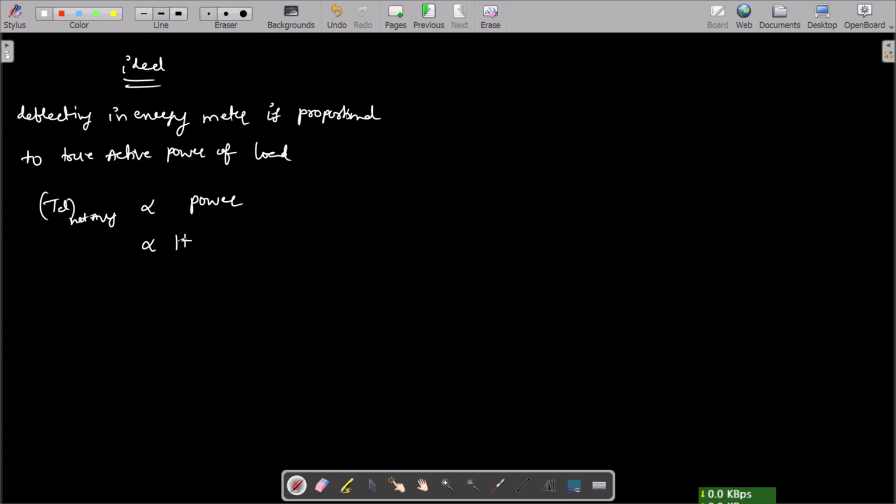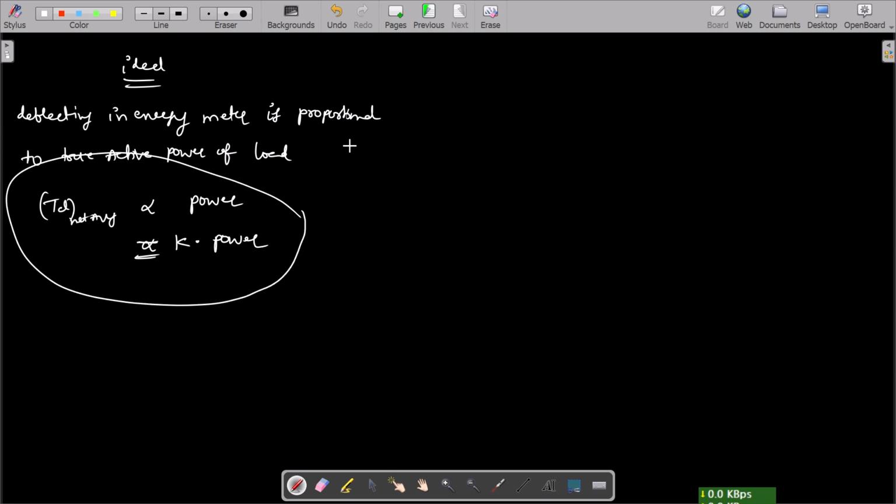So you can write some constant K into active power in an ideal case.